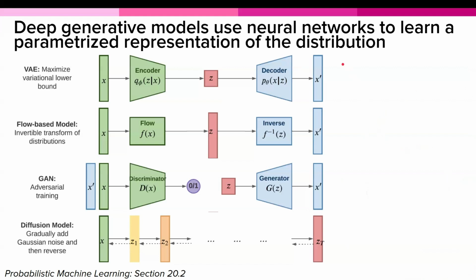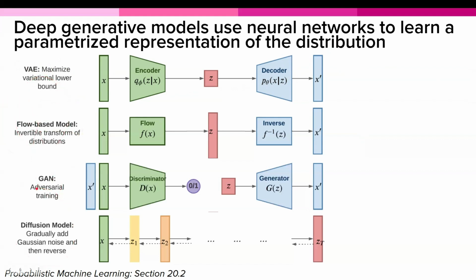There's many different types of deep generative models, and we're going to be focusing on four. Specifically, we're going to be looking at the variational autoencoder, or VAE. Then we're going to be turning our attention to flow-based models, and these we'll be talking about today.